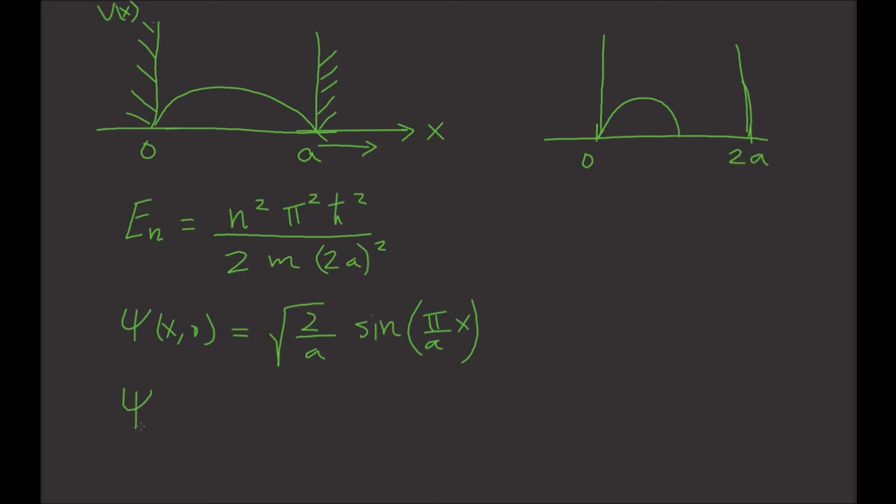And the nth state of the wave function is equal to the square root of 2 divided by 2a times the sine of n pi divided by 2a times x.